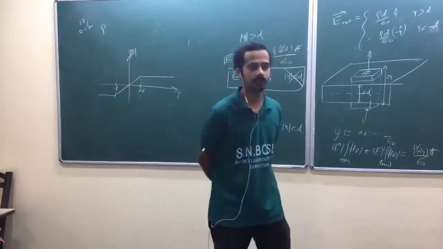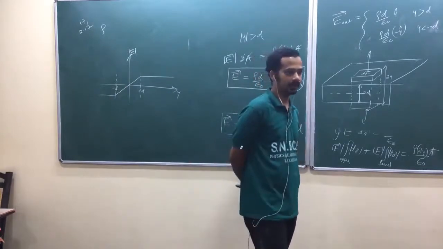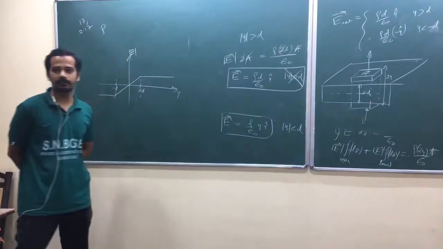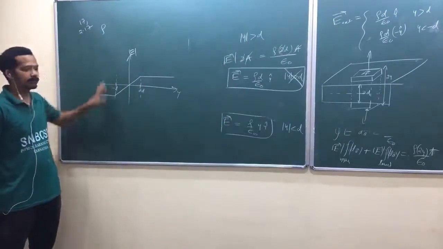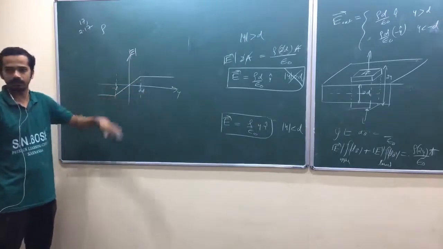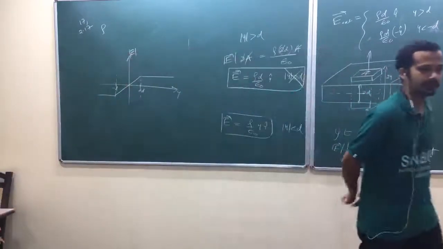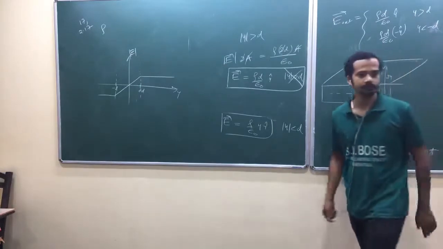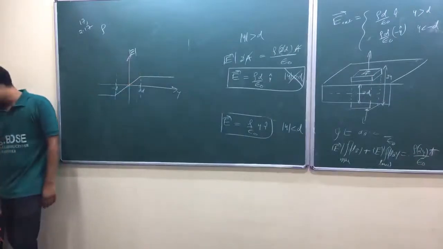You should not talk about sign. But while drawing, he mentioned that: take electric field positive when it points along y cap direction, take electric field negative when it points along minus y cap direction, so that it will show that. The whole thing will show that, remember, okay? Placing the sign with the magnitude is very much different from writing the vector, isn't it? So sign always is our choice.